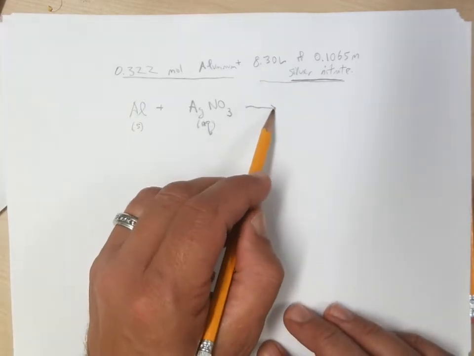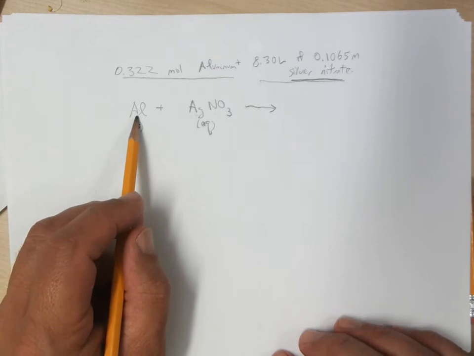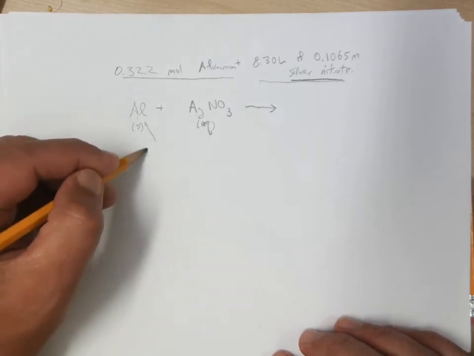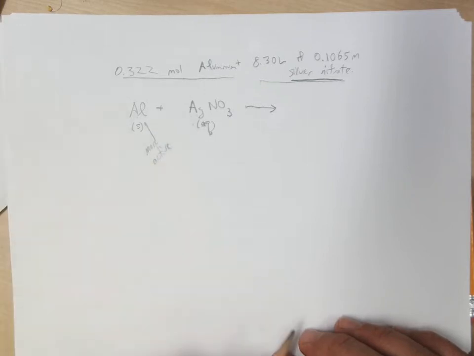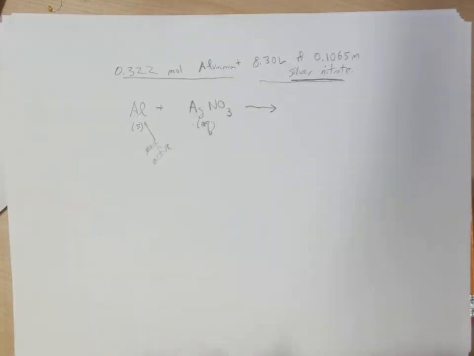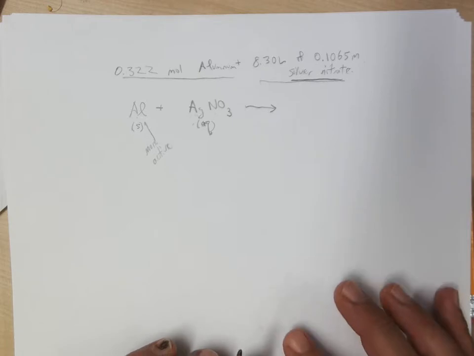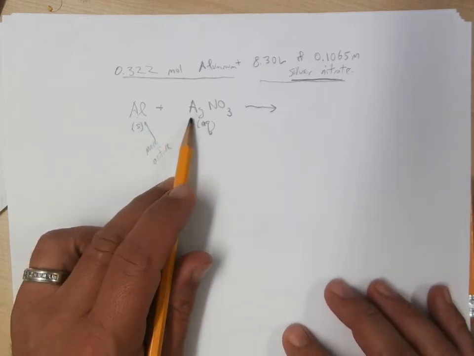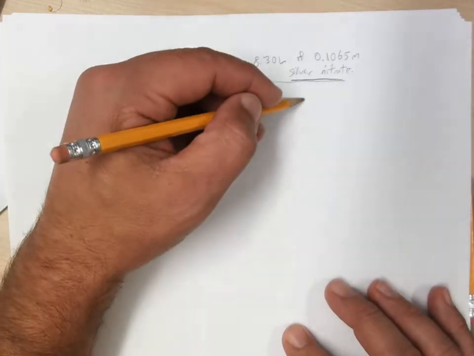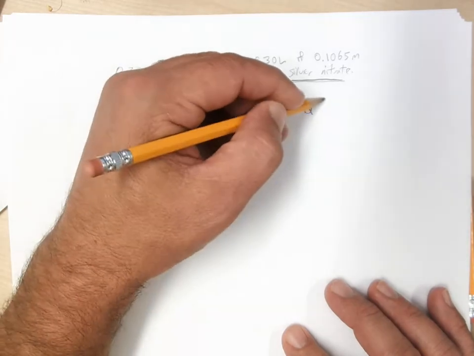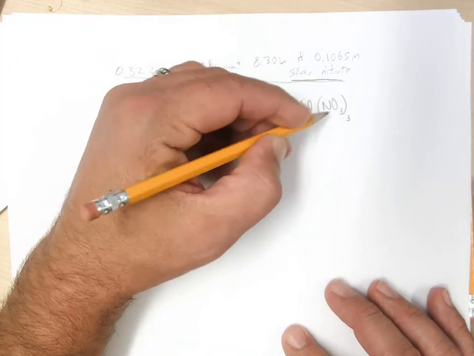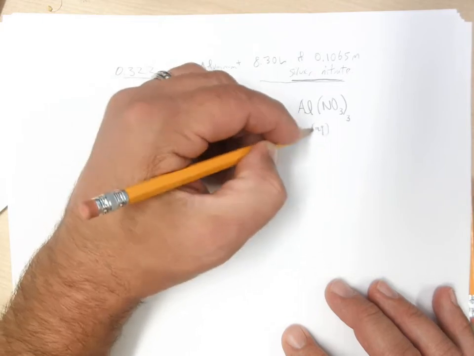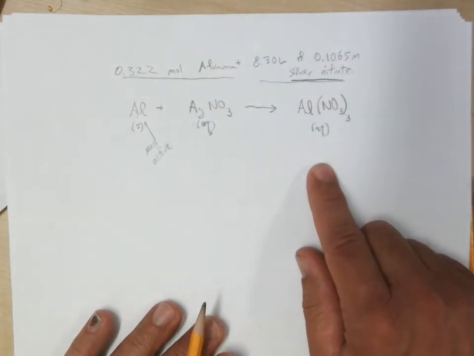We throw these guys together. The aluminum is more active. So when we see a pure metal reacting with a compound, we consider possibly a single displacement reaction. And in this case, since the aluminum is more active, we'll end up with an aluminum nitrate. Because aluminum always takes on a charge of +3 in its compounds, aluminum nitrate is going to be 1 aluminum with 3 nitrates.